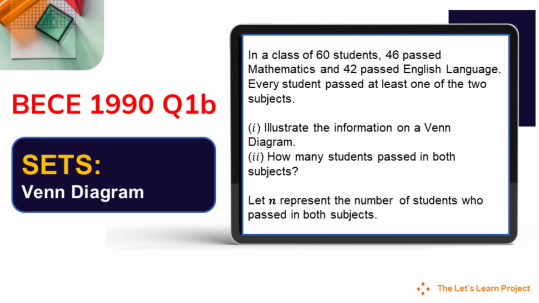So in this question, we've been given two sets, that is students who passed in mathematics and students who passed in English language. We are supposed to represent the information on a Venn diagram and then find how many students passed in both subjects. First of all, we can get our data from the question.